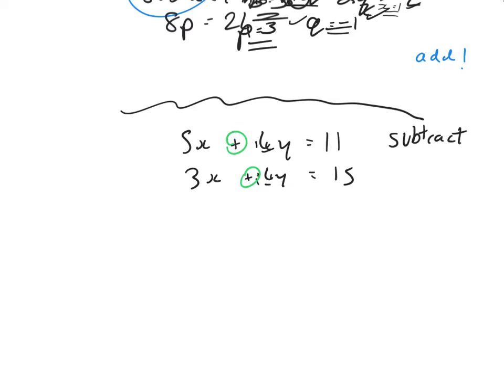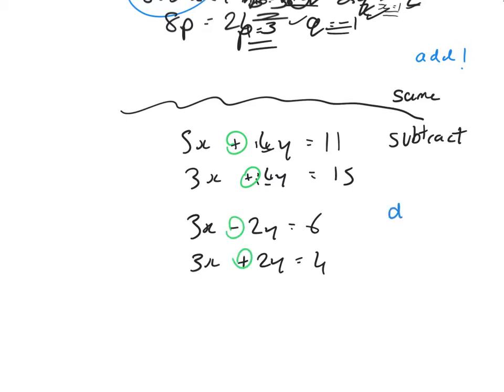If the signs are the same, subtract to eliminate. But if the signs were different, as we can see in this case, what we would do at that point is add the equations.